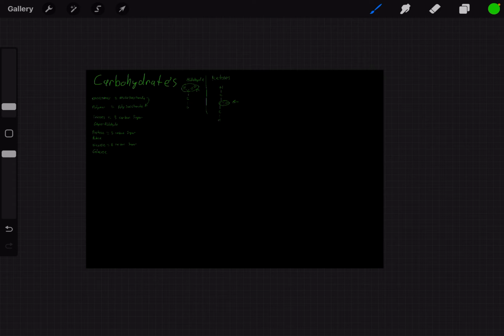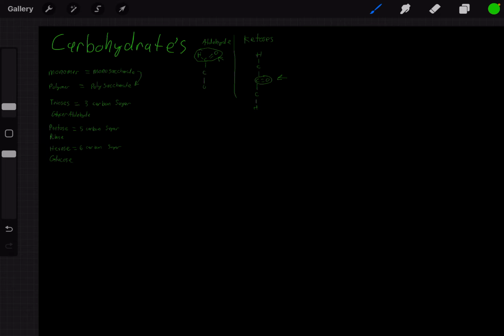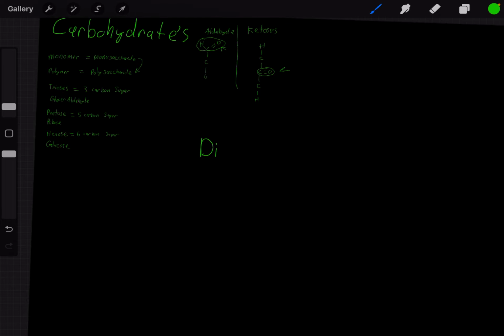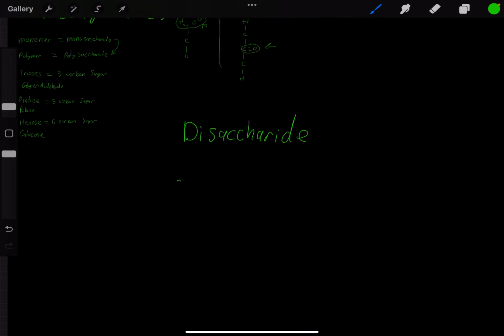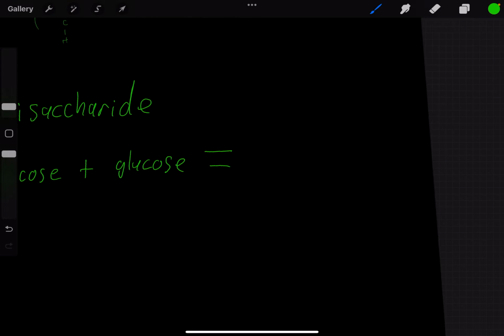Formation-wise, you can form a disaccharide. Disaccharide means two saccharides, two monomers basically combined. So if you combine a glucose molecule plus a glucose, you will get the disaccharide maltose.